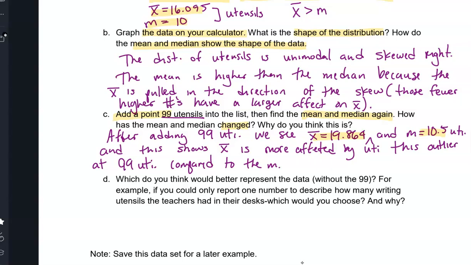Which makes total sense. Again, if you think of what we do when we find the mean, the average, it's going to take that one value into account way more than the median.